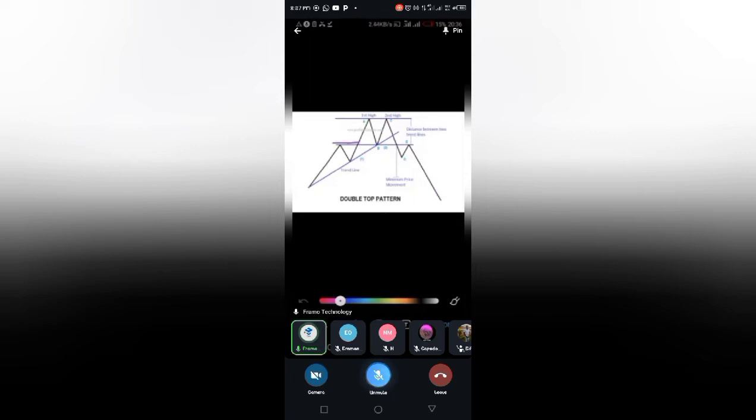Which means that when it breaks out downward, immediately you enter the market. Now, where will you put your stop loss? At first, you put your stop loss at the resistance line. Meaning, if it comes back to that resistance line again, that's where you want to leave the market.